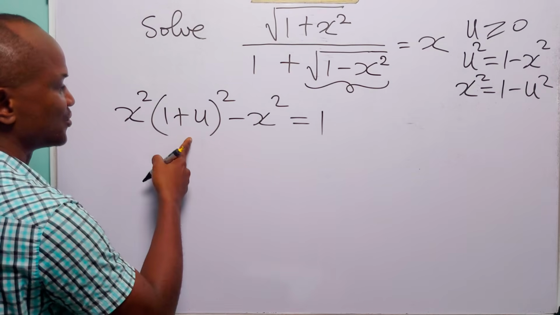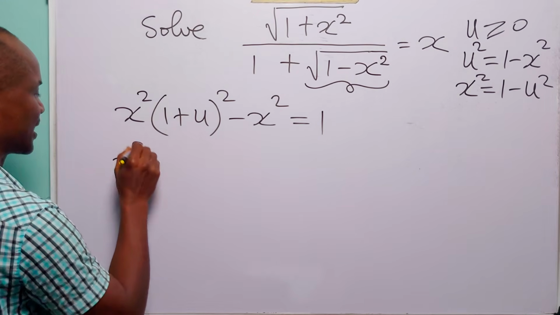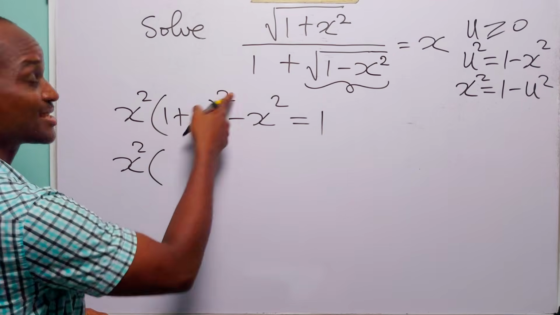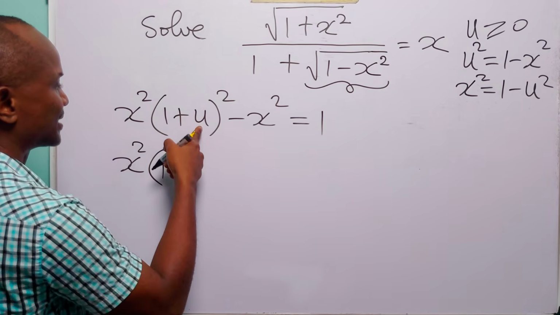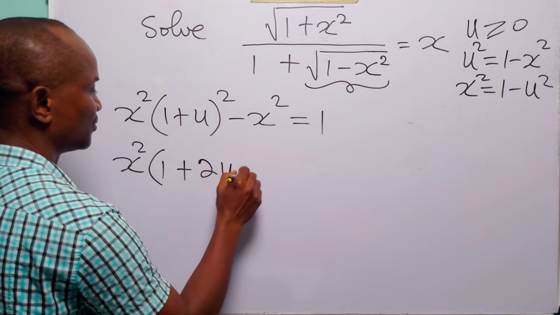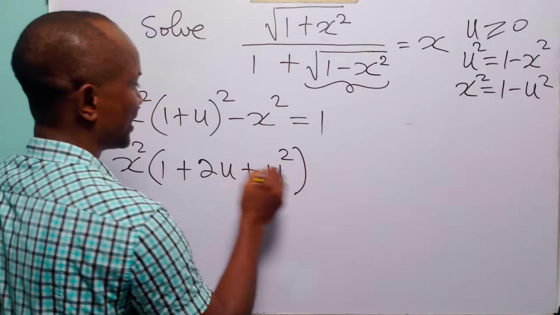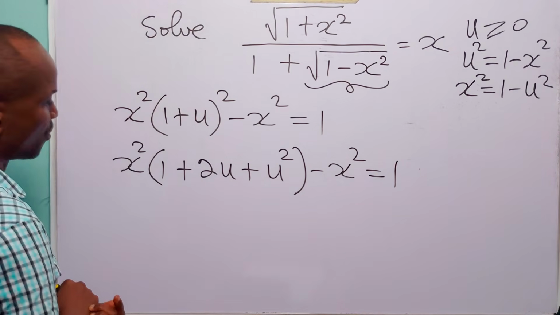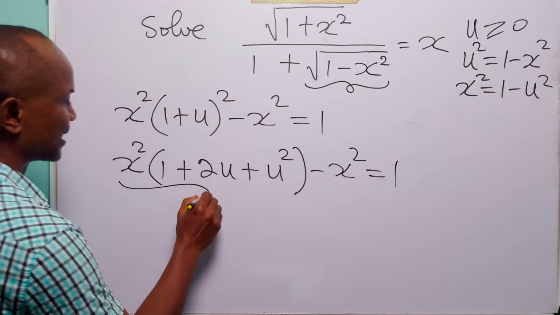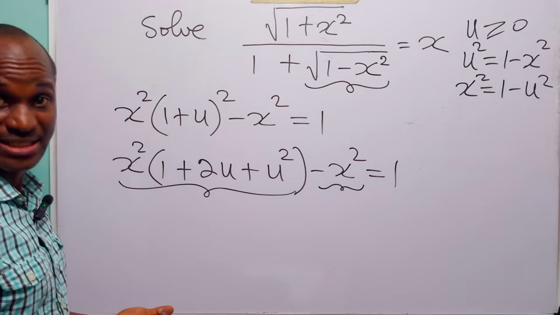The next thing we are going to do is that we will open this bracket. When we do that, we have x squared into 1 squared is 1 plus 2 times 1 times u, that is 2u, plus u squared. And then we have minus x squared, and this is still equal to 1. But when you look at this term and look at this term, you will see a common factor, which is x squared.